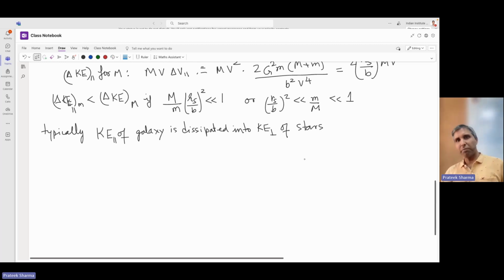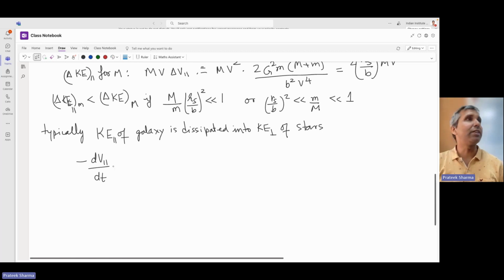So again, the same procedure. Here we have looked at this exchange of energy for a single collision with the given B. Now we have to integrate over all possible impact parameters, right? Let's see. So let's just write dv parallel by dt.